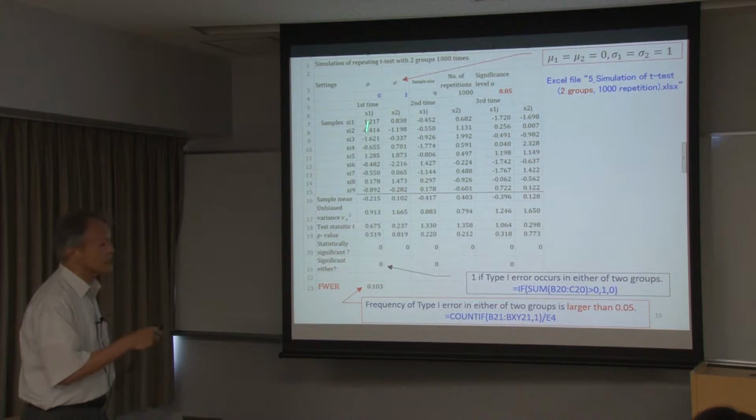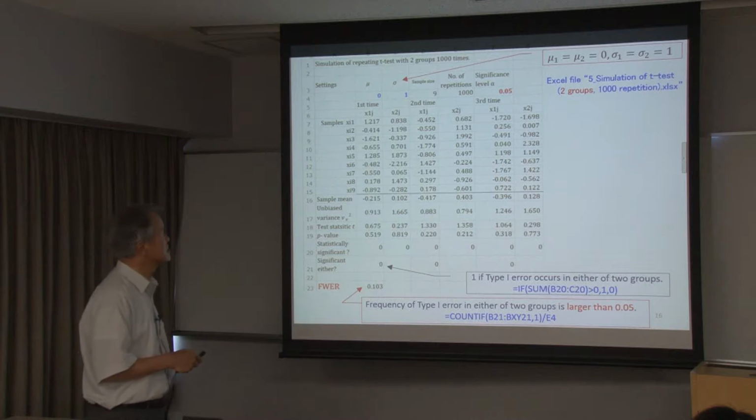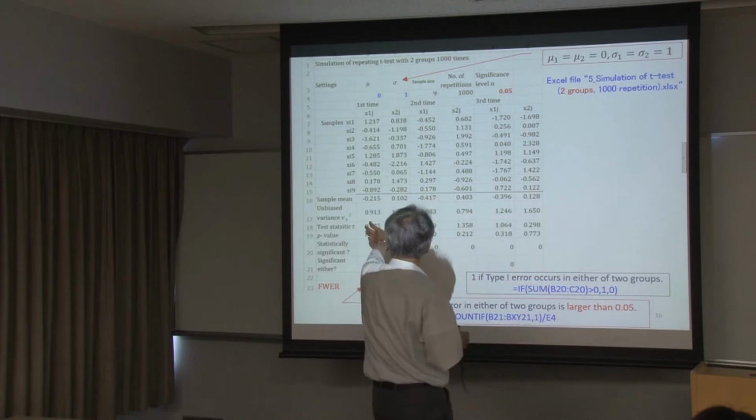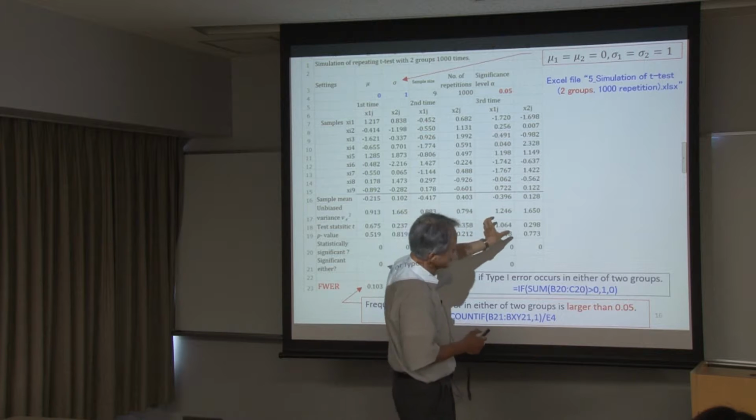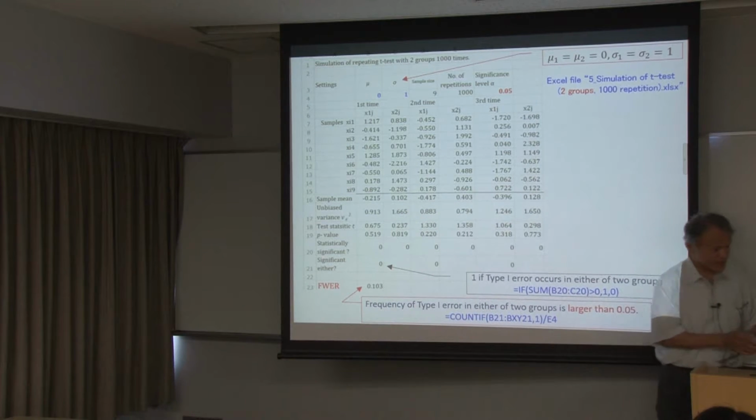This test is repeated 1,000 times, so you'll see 1,000 groups in your file, and in each group, the t-test is applied 2 times.